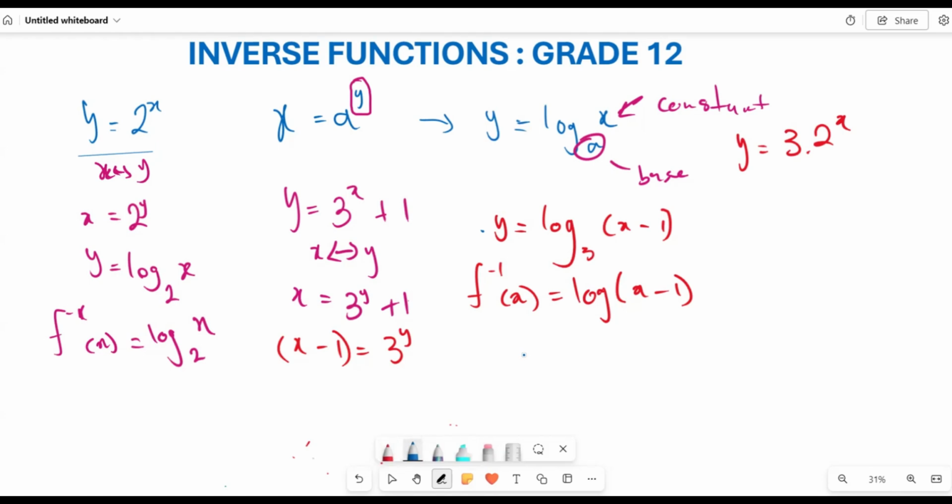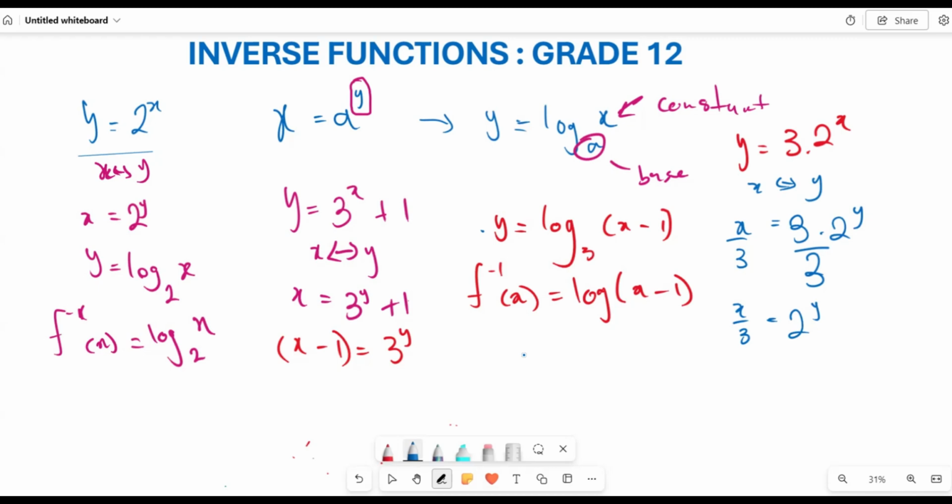You are going to start by interchanging first, writing your x to be your y and your y to be your x, which means x equals 3 multiplied by 2 to the power of y. And then now we want to make y the subject of the formula, which means you are going to start by dividing by 3. So this is x over 3 equals 2 to the power of y.